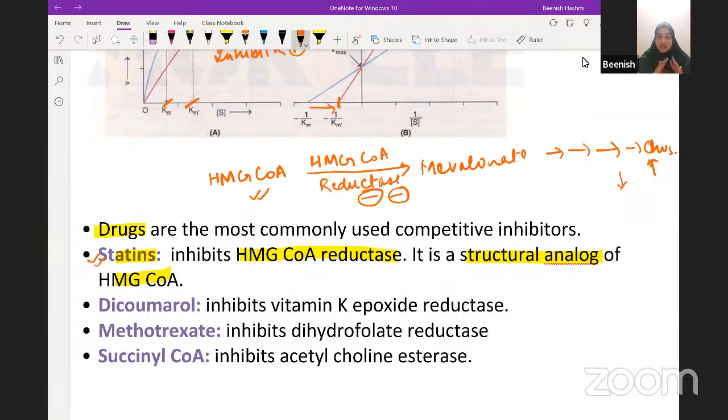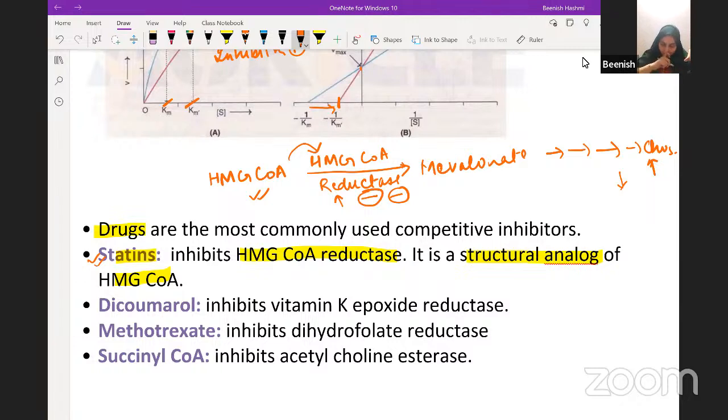So instead of your HMG-CoA going and binding to the enzyme HMG-CoA reductase, what happens? Your statins bind to HMG-CoA reductase and bring about inhibition of this enzyme. Okay. So that is the mechanism of action of statins basically.